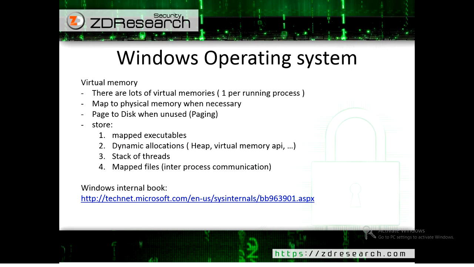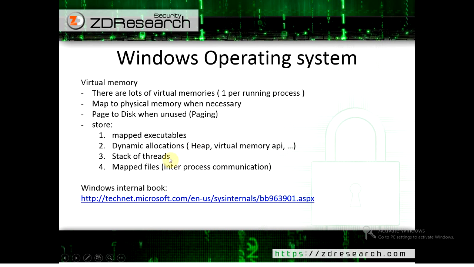And dynamic allocations are allocations that can be made with various APIs through the operating system, with the virtual memory API or some kind of heap allocator. The Windows operating system has a default heap allocator. Most programs on Windows use this heap allocator, but some programs, because of interoperability or performance reasons, use their own heap allocator, like browsers.